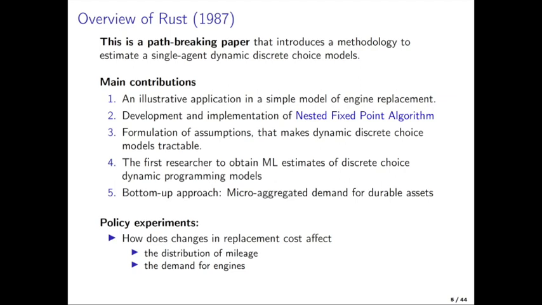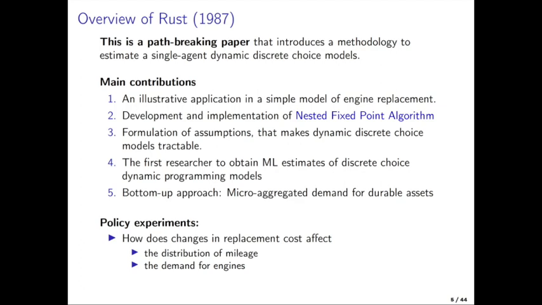So we're going to go much more into detail with NFXP, and here we do it in the context of maximum likelihood, so you'll see all the equations. The main contribution of this paper is, first of all, it gives this very illustrative application of a very simple model of engine replacement.